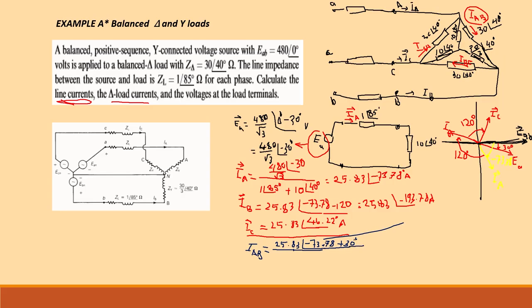The current IAB leads current IA by 30 degrees, divided by the root of 3.